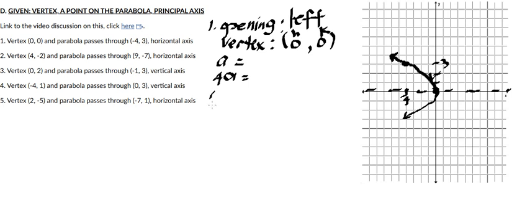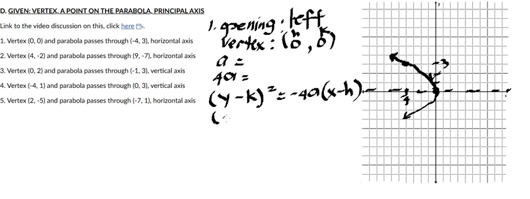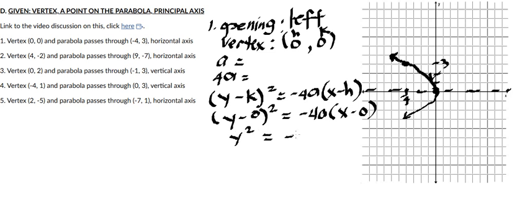So we start with y minus k squared equal to, since it opens to the left, a negative 4a times x minus h. Replacing our k and h here, we have y minus 0 squared equal to negative 4a times x minus 0. Simplifying that, we have y squared equal to negative 4a times x.